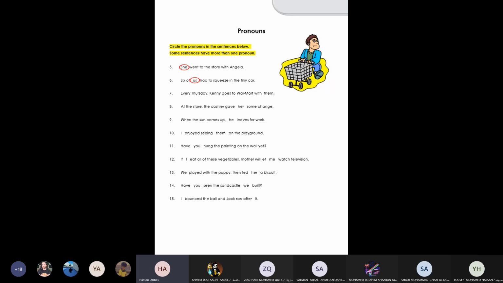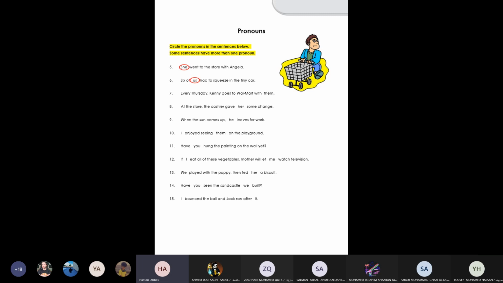When we talk about object pronouns, we have object pronouns for the singular subject pronouns, and we have object pronouns for the plural subject pronouns. For the singular, instead of I, we say me. Instead of he, we say him. Instead of she, we say her. Instead of it, we say it. Instead of you, we say you.